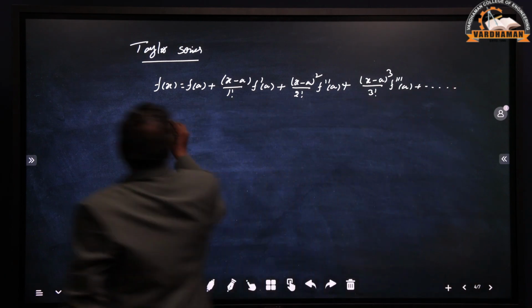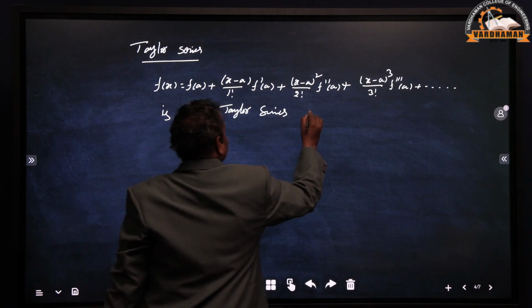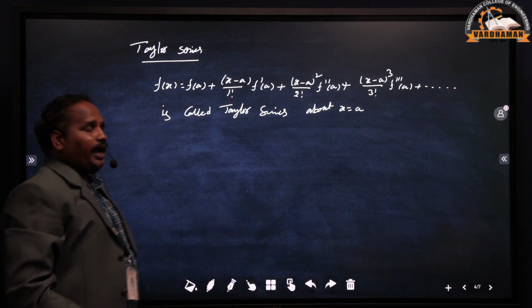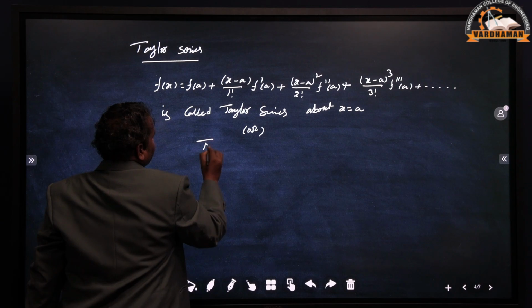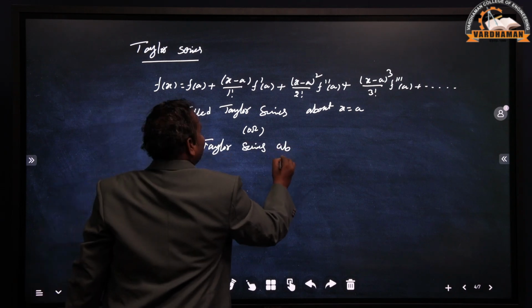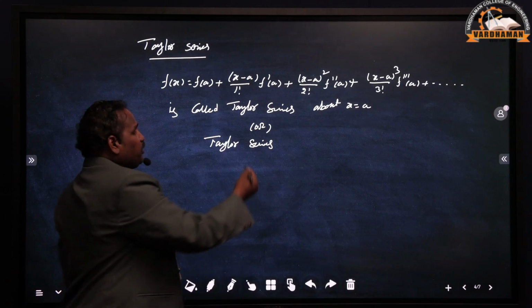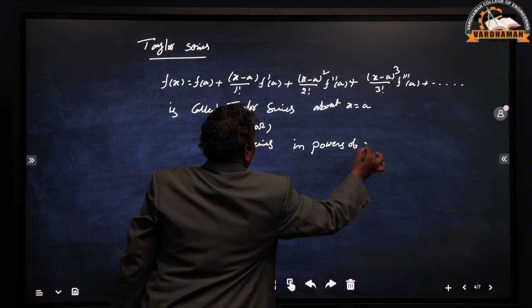This is called the Taylor series about x equal to a. Another name for this is the Taylor series in powers of x minus a.